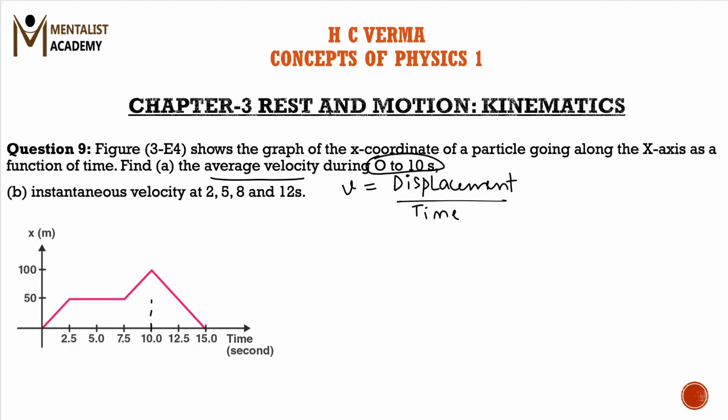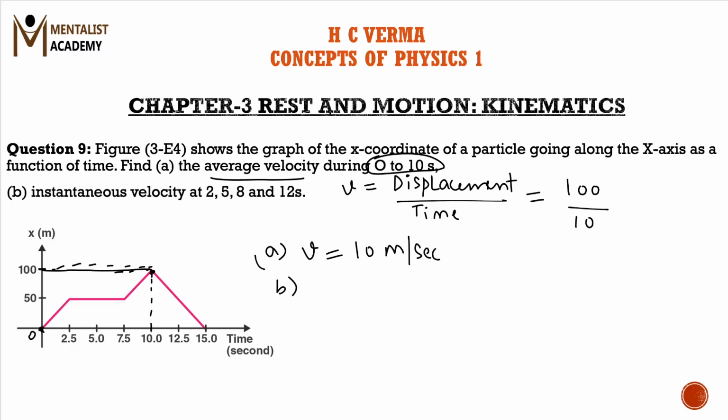From the graph we can see that at 10 seconds the particle is at 100 meters from the initial point, that is at t is equal to 0 the particle is at origin, and at 100 meters the particle is at this point. At 10 seconds the particle is 100 meters, so therefore the displacement would be 100. The time taken would be 10 seconds, therefore the average velocity would be 10 meter per second.